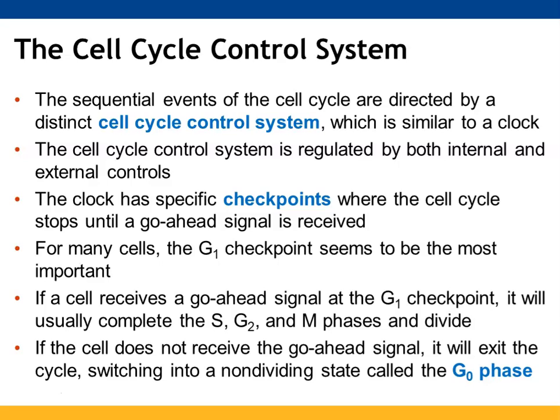If they do not get that checkpoint go-ahead signal, they actually move into an inactive, non-dividing state known as the G sub 0 phase. But if the cell does receive a signal to continue on and go through the synthesis of its DNA to duplicate it, and continue to grow in G2, it will likely go through mitosis and divide.